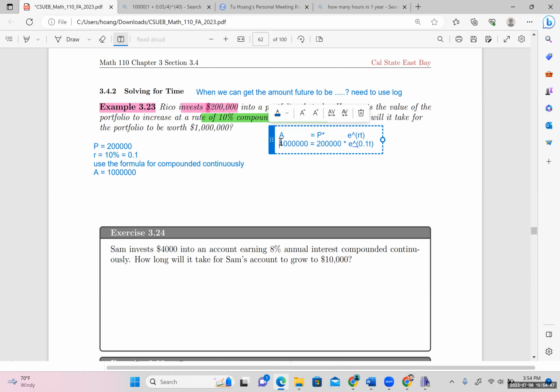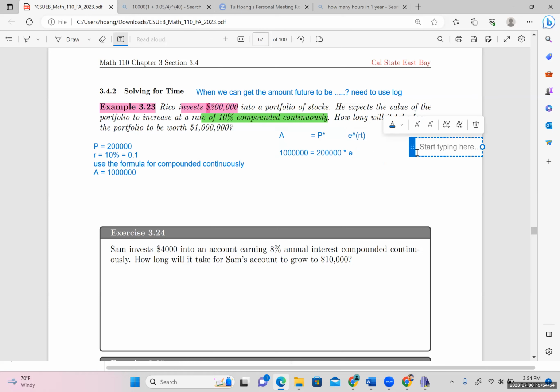Okay, maybe actually, you know what? Let me move this down. And I'm going to write like this so you can see it. This was the power, so I'm going to write it like this so you can see it. All right. So as you see right now, I have 0.1t in the exponent, okay?